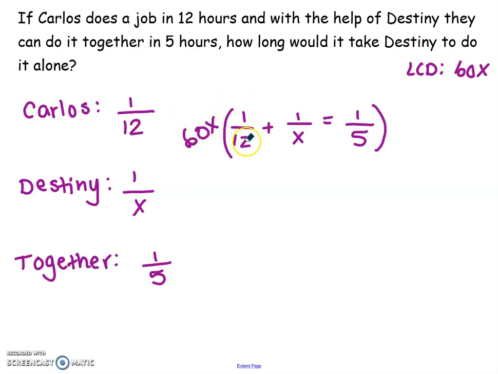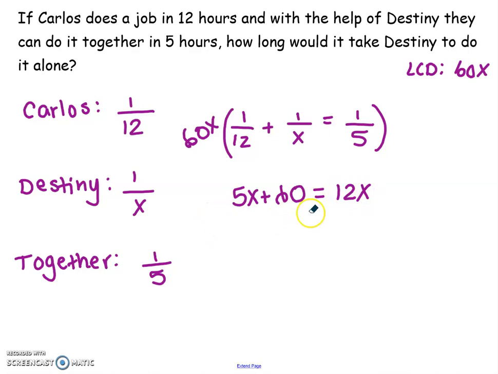The 60 and the 12 are going to reduce to 5. So this is going to be 5x. 60x times 1/x. The x's are going to cancel out, and I'm just going to have 60. And then 60x times 1/5. The 60 and the 5 are going to reduce to 12. So I'm going to have 12x.